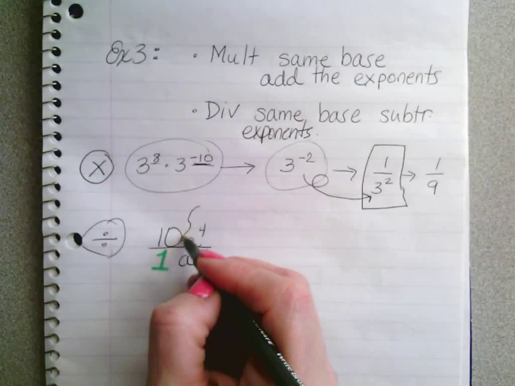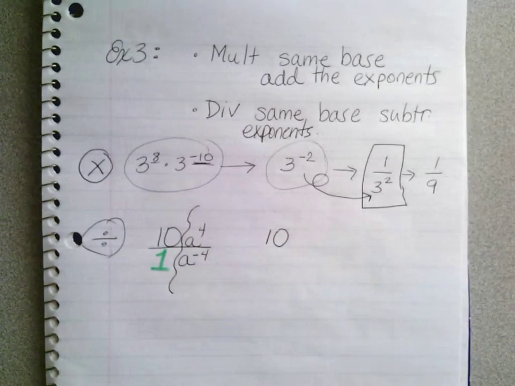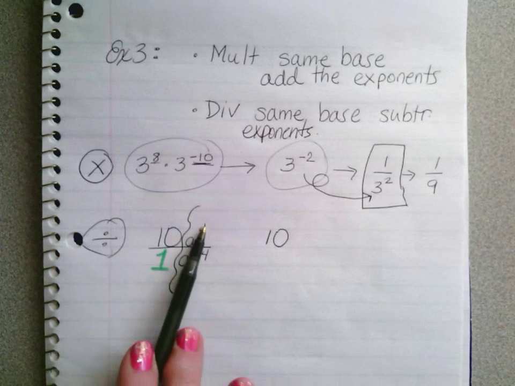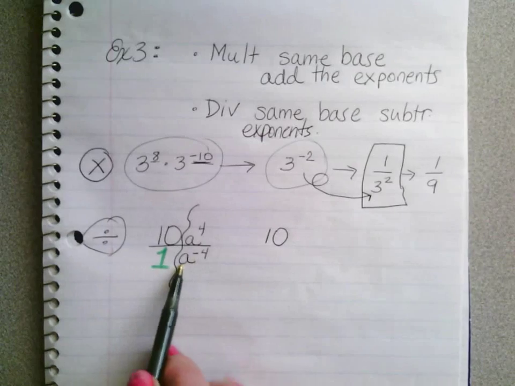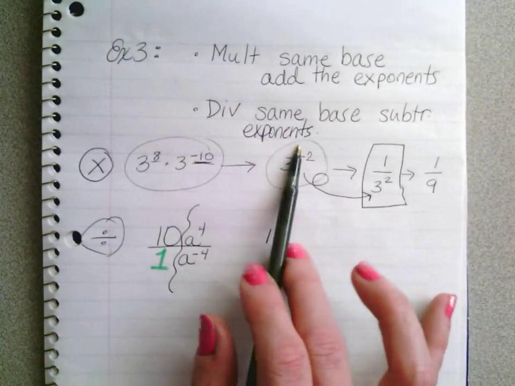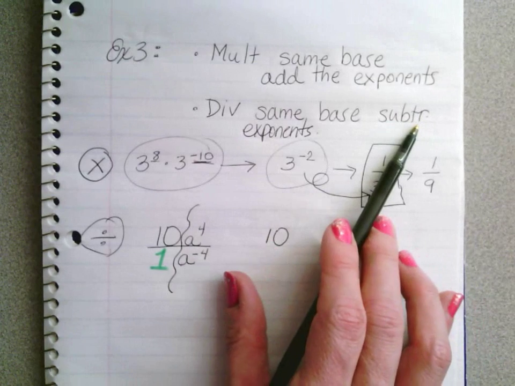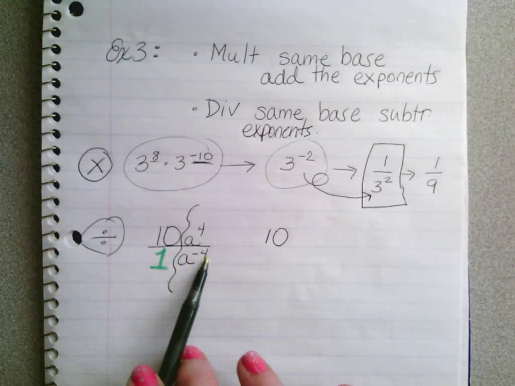If we perform the 10 divided by 1 portion, it's 10. Now we have to deal with the bases and their exponents. Is a the same as a? Then what do we do with the exponents? Subtract them. What is 4 minus negative 4? And it's not 0. 4 minus negative 4.